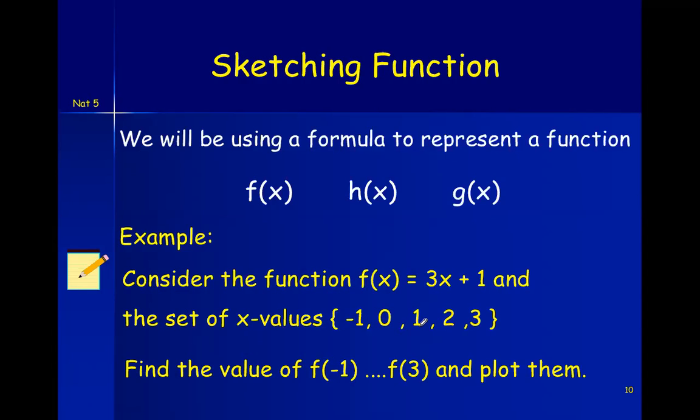These are x. We've been asked to find the value of f of -1, then f of 0, f of 1. So you would build a table, basically. After that, they've asked us to plot them. Plotting means drawing your x-axis, your y-axis, and plotting every point, x and y.